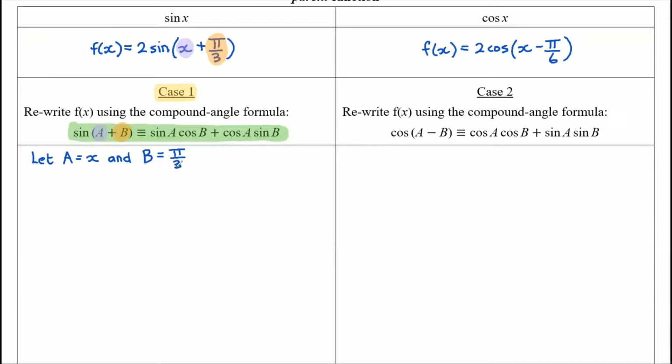Now we can substitute these values into the identity, but we're going to do it in the context of this particular problem. So we're going to call this f of x. So f of x is equal to 2 lots of the sine of x plus pi over 3.